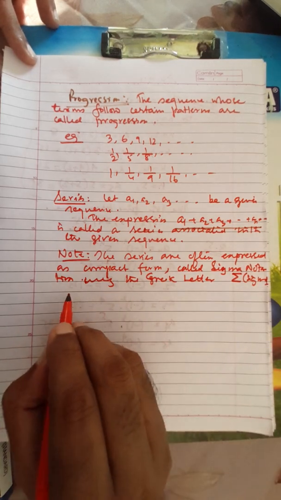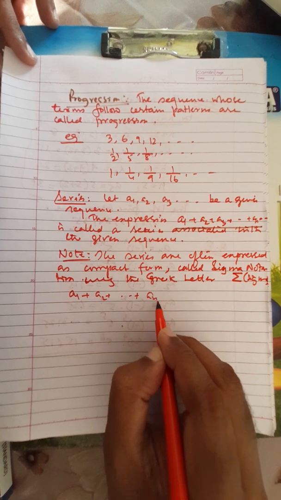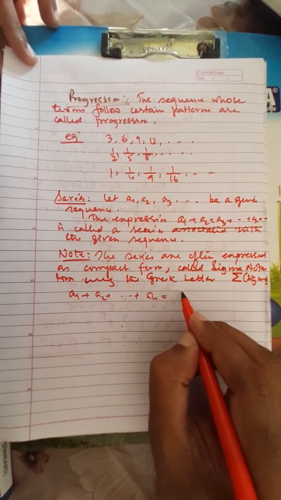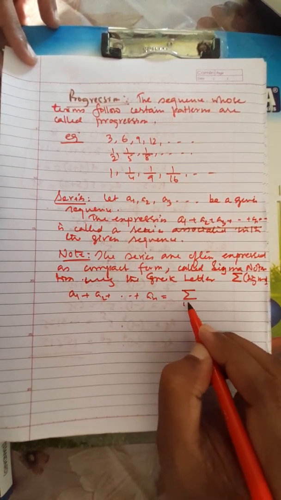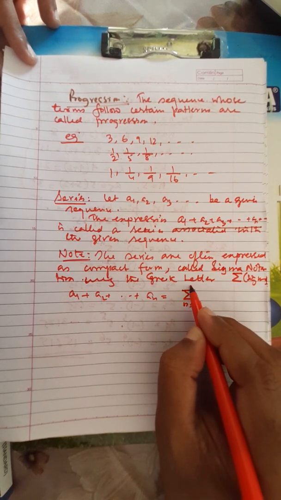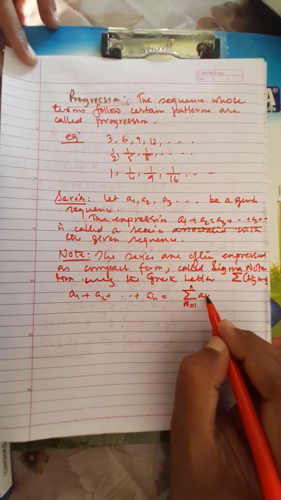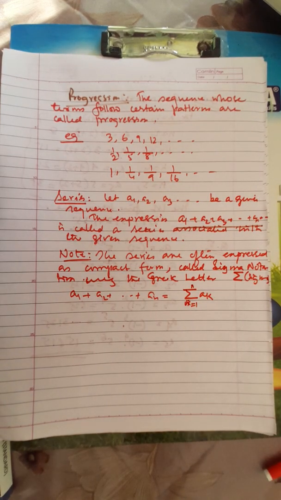As for example, a1 plus a2 plus ... plus an is abbreviated as the summation, sigma, k equal to 1 to n, of ak.